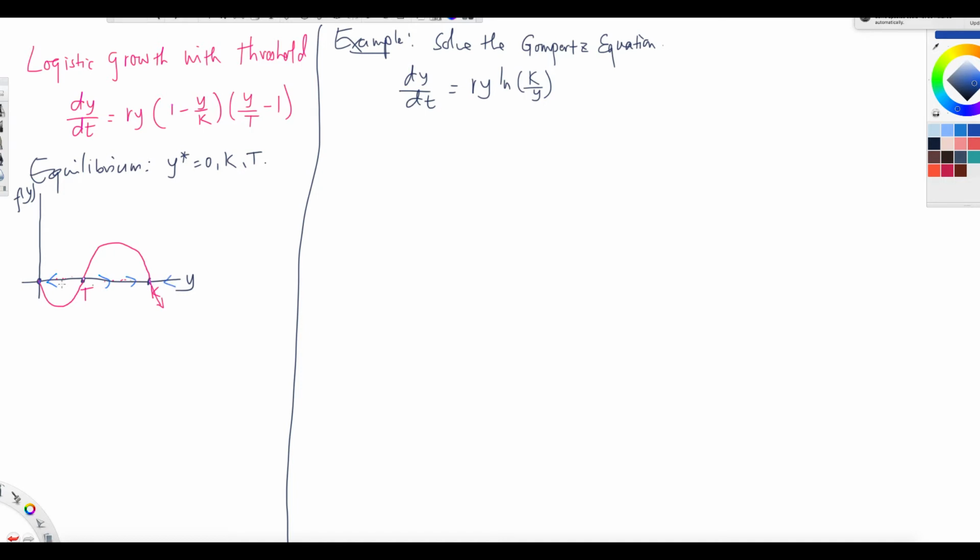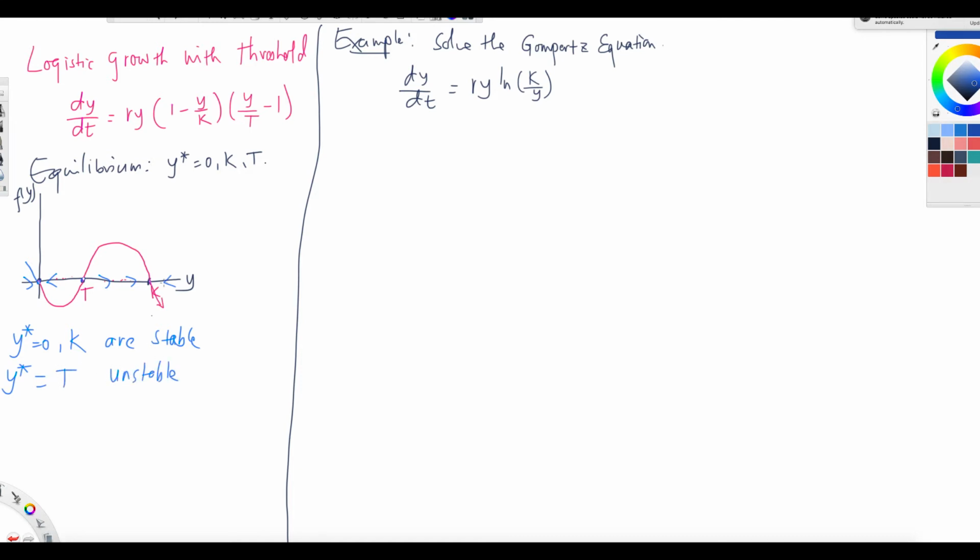So it looks like 0 is stable, this one is unstable, and this one is stable. So y star equals 0 and k are stable, asymptotically stable, and y star equals t is unstable.